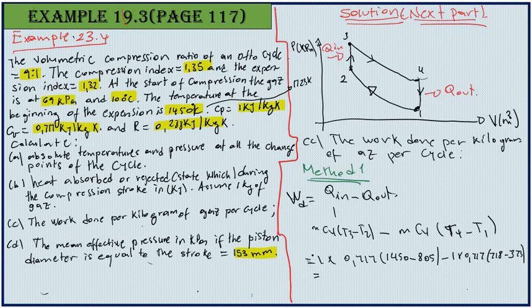So if I work this out, I'll get the value of work done, which is 305 kilojoule. Here I don't need to say kilojoule per kilogram because it's already specified that the mass is 1 kilogram, so I don't need to repeat that again.